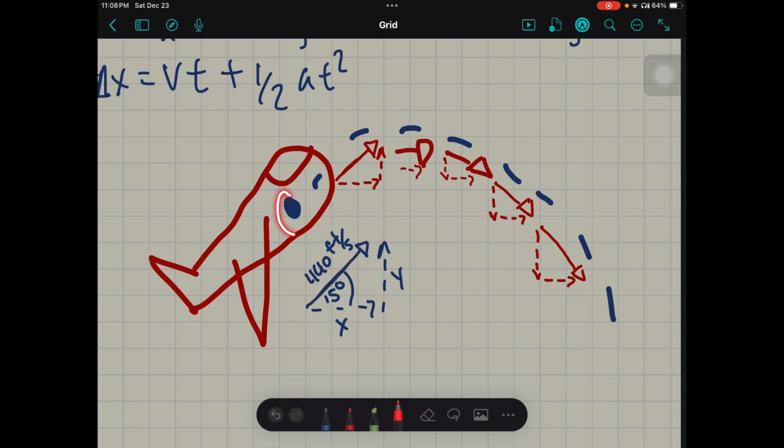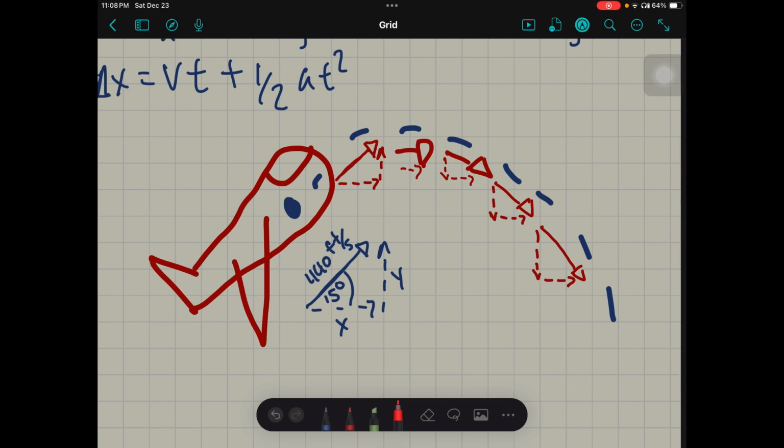Now, the nut is going the same direction and the same speed, but eventually it's going to stop going in that direction because gravity is pulling it down. Because of that, we get a projectile motion problem where you see this arc shape.